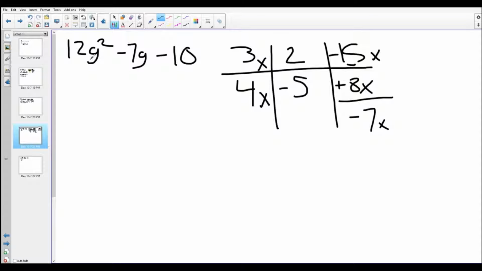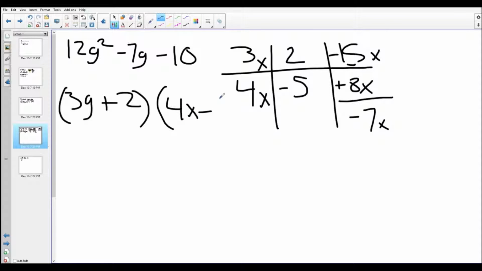In this case it's a g, but the variables right now won't matter that much. So we take 3x plus 2, actually let me make this into a g. 3g plus 2, and then 4g minus 5. And let's expand to check if this is correct.